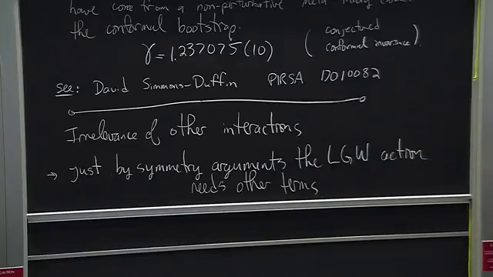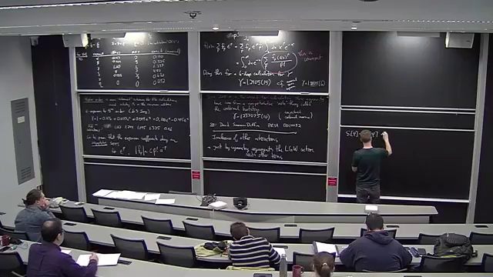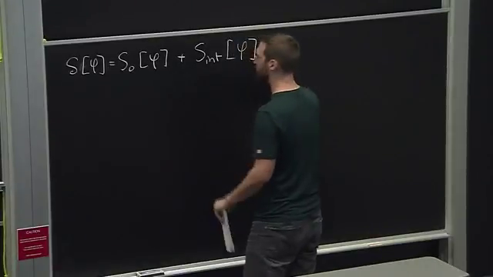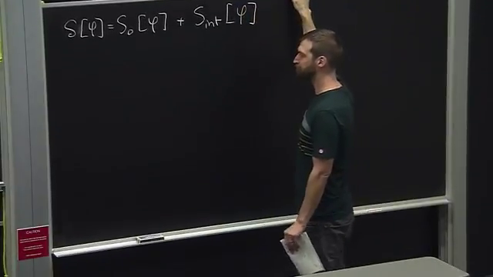I wrote some down. Let's keep zero field so we don't have odd terms. Let me write this action. You still have a Gaussian piece that in principle you can solve with Gaussian integrations, and then an interacting piece. For us, that was just phi 4.